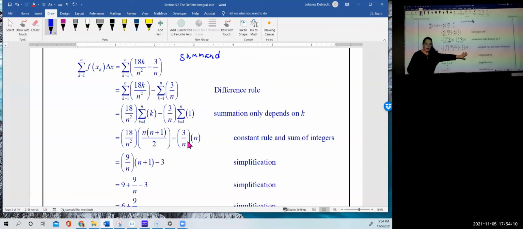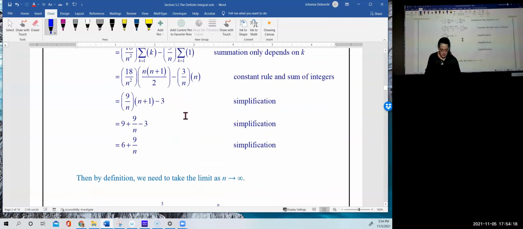Now we just do some algebra again to simplify what we have, and we end up finally, after quite a bit of simplification, down here with 6 plus 9 over n. This is our final simplified format for the Riemann sum.